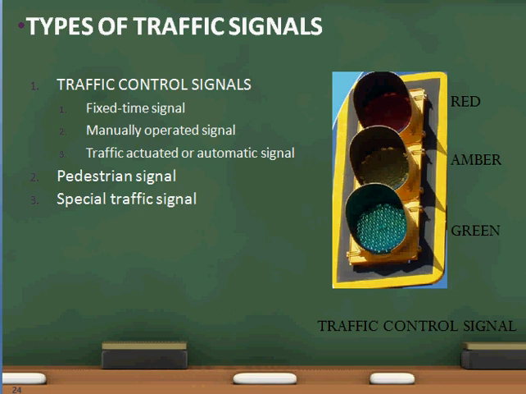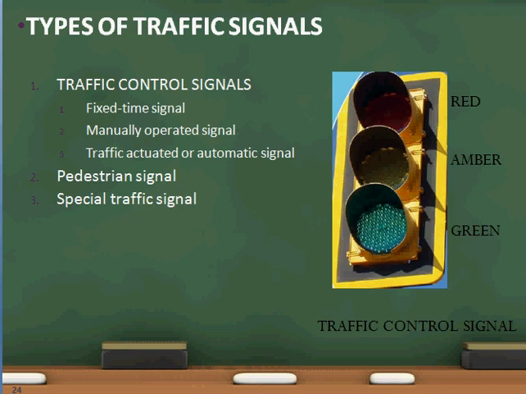Traffic control signals are again divided into three: fixed time signal, manually operated signal, and traffic actuated or automatic signal. The fixed time signal is the usual type we are seeing. That means a fixed time will be kept for green, red, etc., and it will repeat after this particular time.